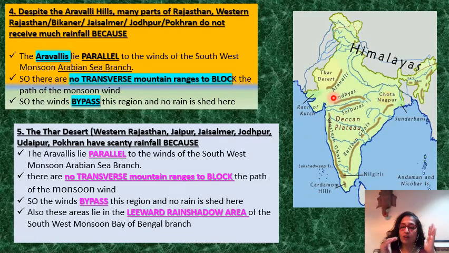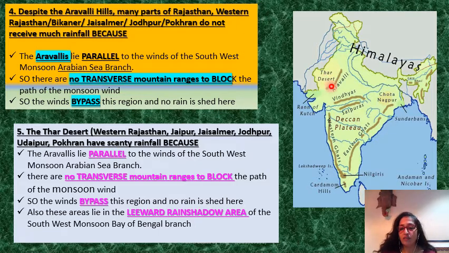So it doesn't go and bang into the Aravallis. The Aravallis lie parallel to the winds of the southwest monsoon Arabian Sea branch. So there are no transverse, transverse means perpendicular, mountain ranges to block the path of the monsoon winds. So the winds bypass this region.